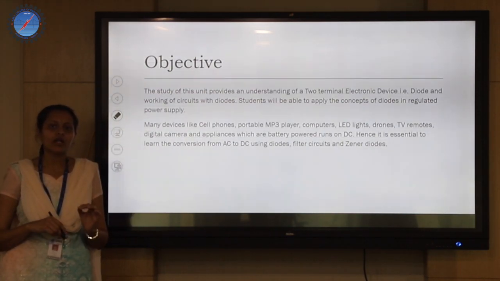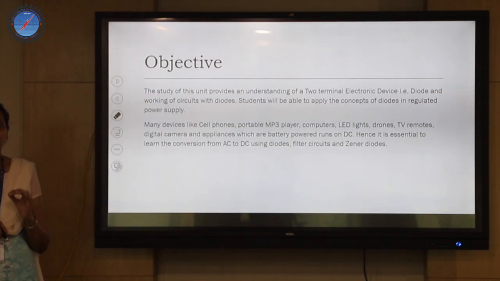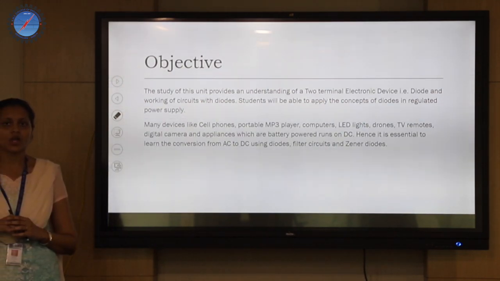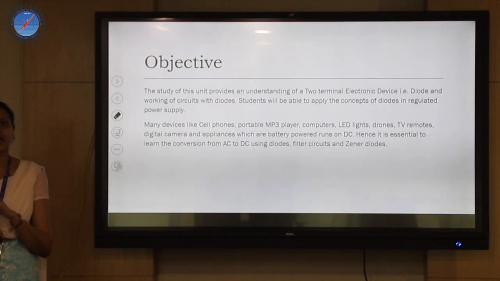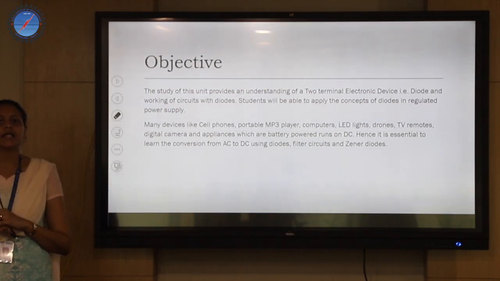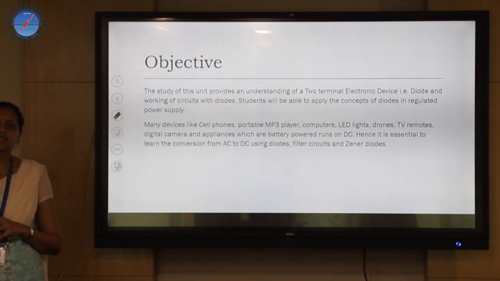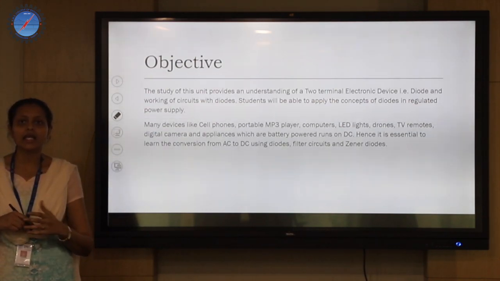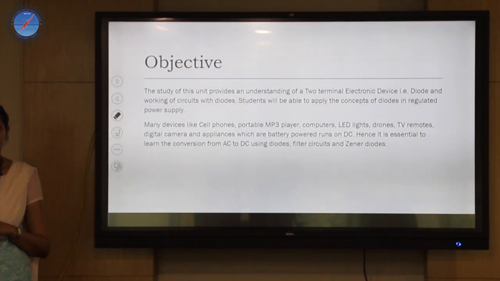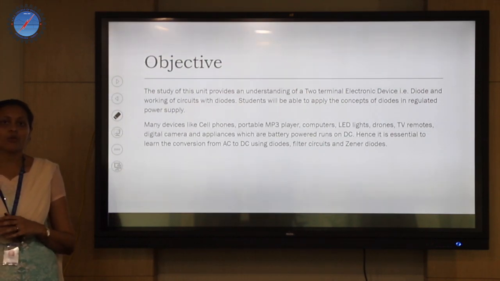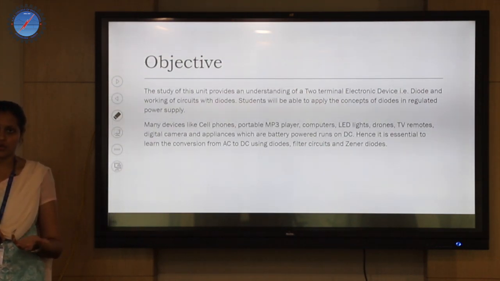The main advantage of using diodes is as a rectifier, which is used to convert AC into DC. AC means alternating current and DC means direct current. We all use appliances and equipment in our daily life like mobile phones, TV remotes, portable MP3 players, computers.